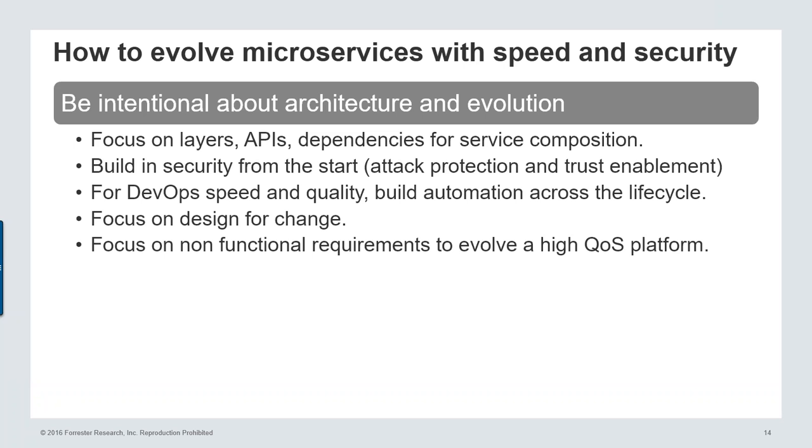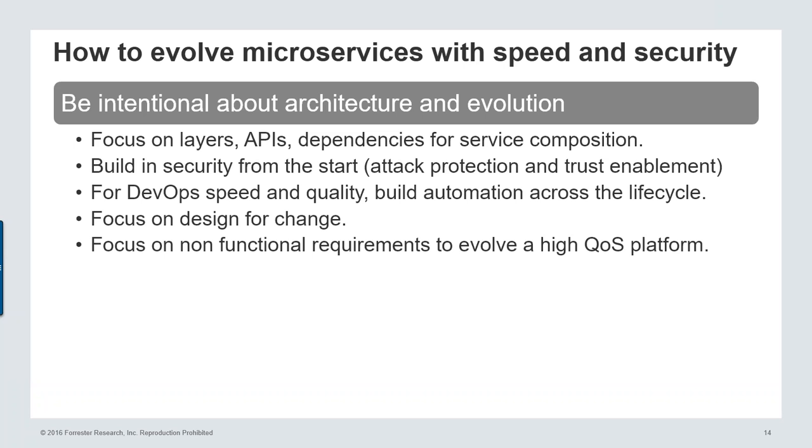Does the database know who or what role or anything at all about how the request is coming into it? Or does the database just have to trust that it's in a secure environment and process any requests that come in? Key questions that then there are reasons to answer them in different ways. For DevOps speed and quality, automation across the life cycle.